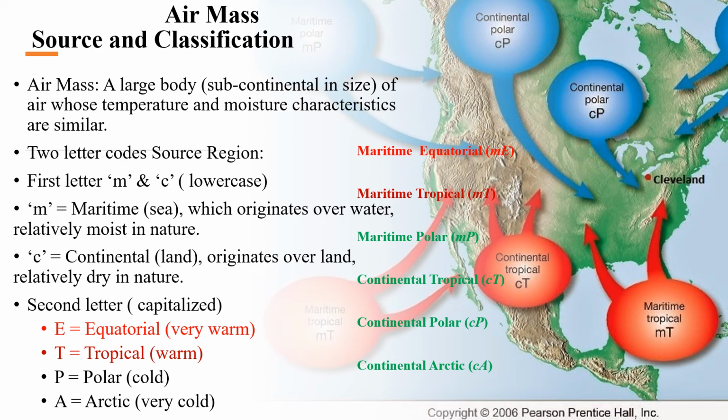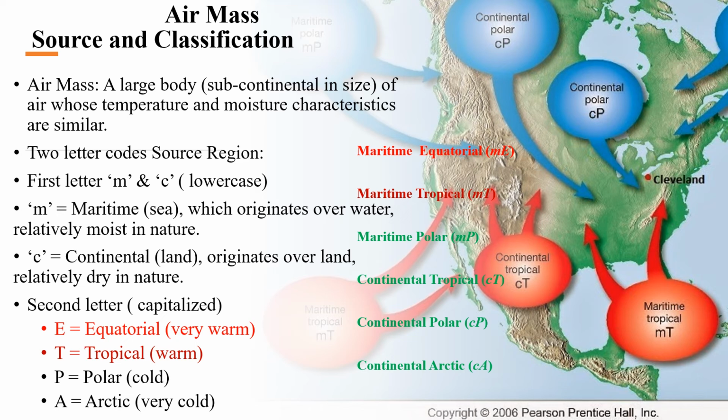So what is an air mass then? From the two-letter code we can know the air mass is a large body, subcontinental in size, of air that has similar temperature and similar moisture content. That is the air mass.